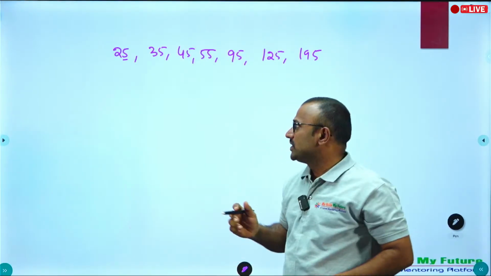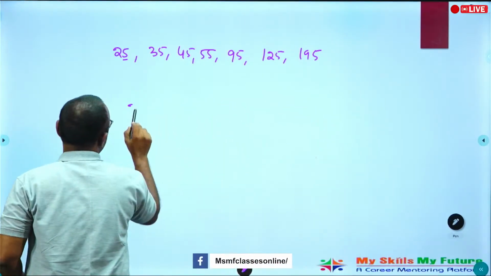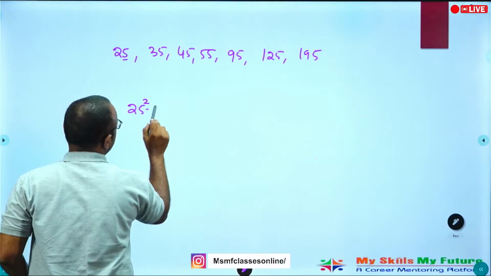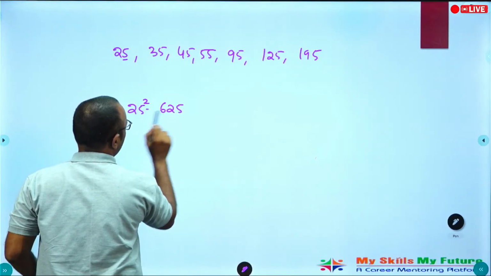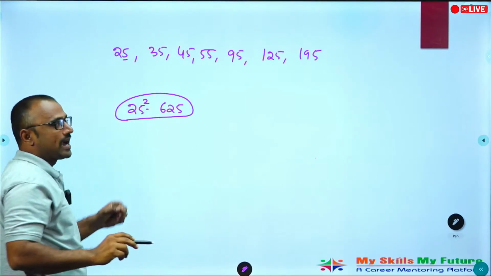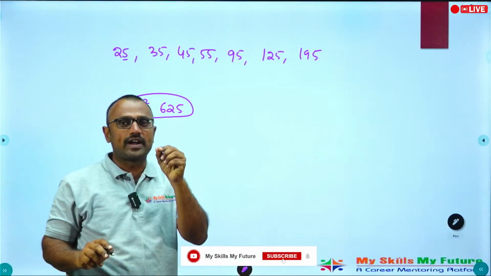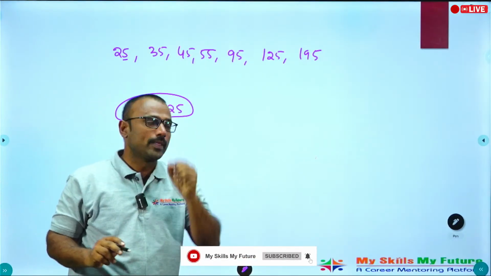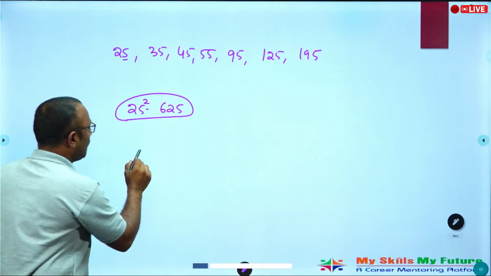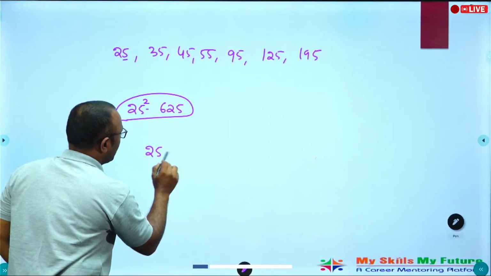We know 25 square is 625, because it is mandatory to remember the squares of 1 to 30. See here how to find 25 square using a logic.